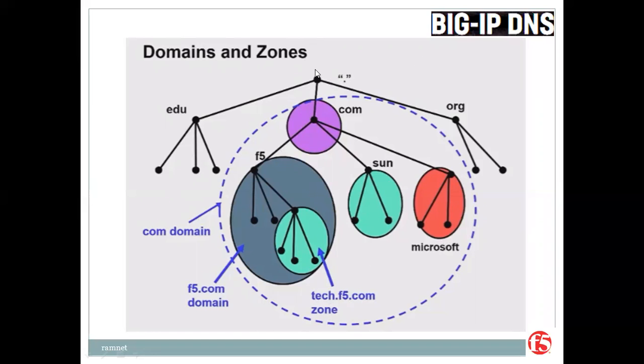Under the root there are many: .edu, .com, .org, .gov. Under that, the companies put their own names: fi.com, sun.com, Microsoft.com, redhat.com, CentOS.org. Under that, we can create our own domains according to the departments: tech.fi.com, sales.fi.com, support.fi.com, and it keeps on going.